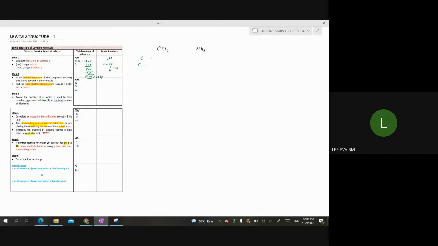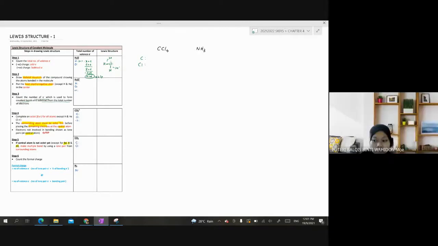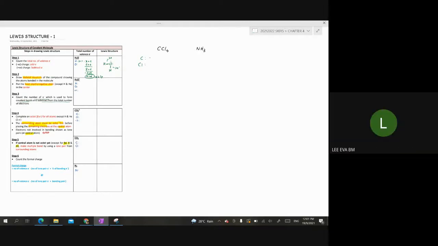Chlorine, how many valence electron? Kalau carbon? Carbon, how many valence electron? 4. Carbon group 14, 4 valence electron.